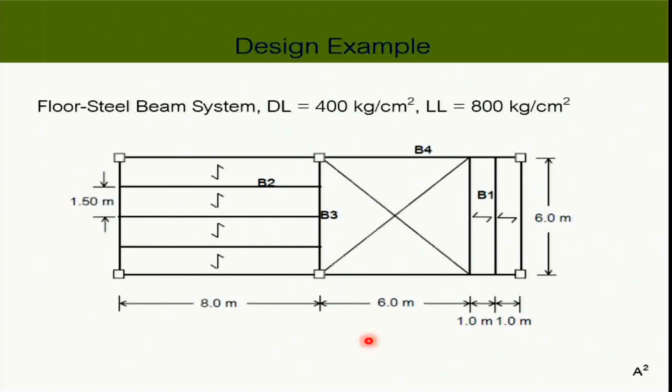So it is highly likely that for B4, this will become our primary concern. The unbraced length is 6 meters, right? But we're going to get some help from Cb. Don't forget that. For B1 and B2, it's fully braced, so we don't need to calculate Cb because they're going to reach Mp for sure, right?